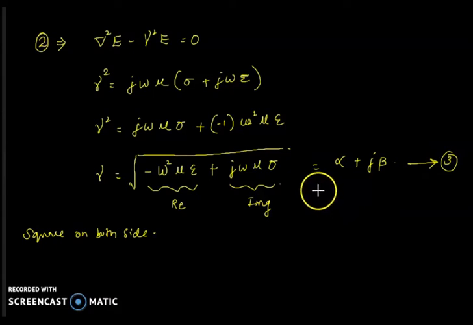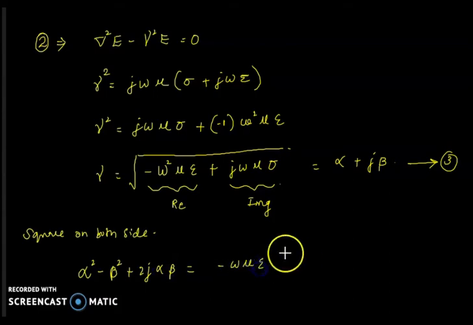So the expression becomes alpha plus j beta whole square, which is alpha square minus beta square plus 2j alpha beta, equal to minus omega square mu epsilon plus j omega mu sigma.